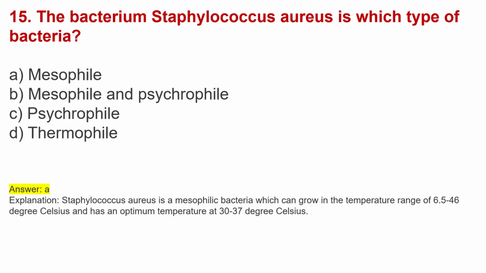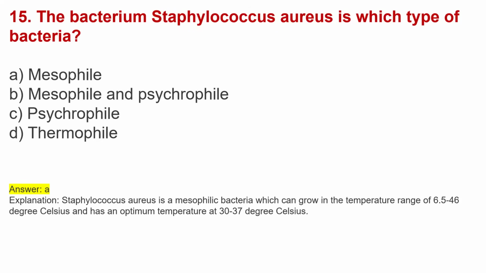That's why it is called a mesophile. Staphylococcus aureus is a mesophilic bacterium which can grow in a temperature range of 6.5 to 46 degrees Celsius and has an optimal temperature of 30 to 37 degrees centigrade.